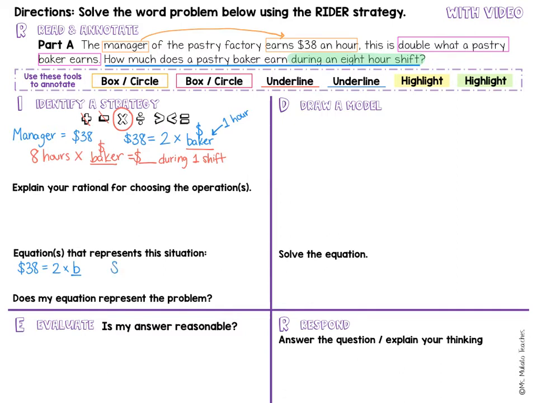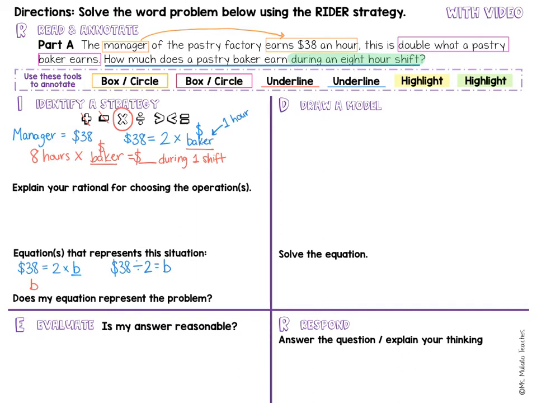So let's do 38 divided by 2, which is the inverse, and that will give us how much the baker makes, because the baker makes half of what the manager makes. Now, we have to take B, our answer here. That's how much the baker makes in 1 hour. How much does the baker make during an 8-hour shift?